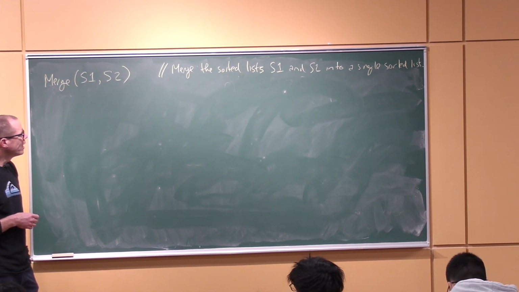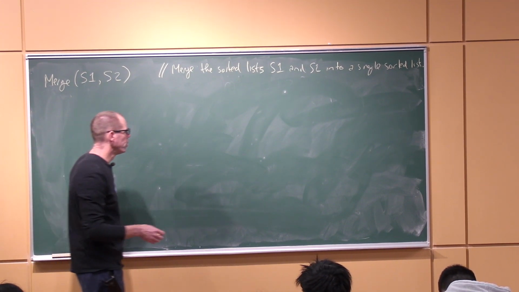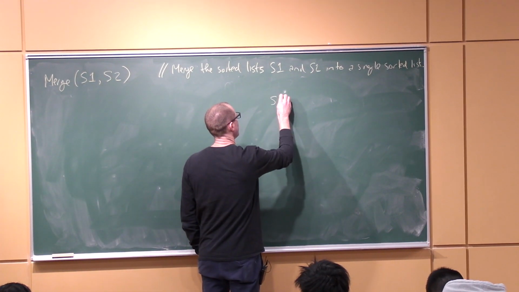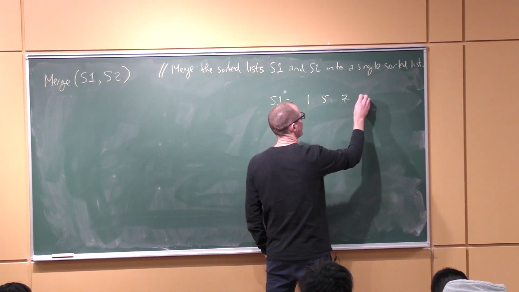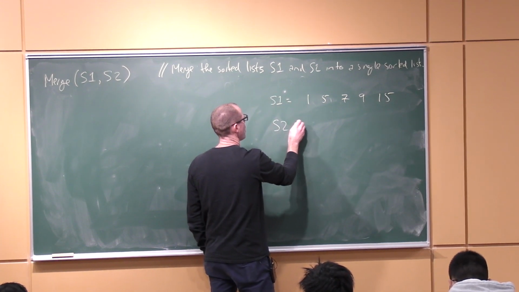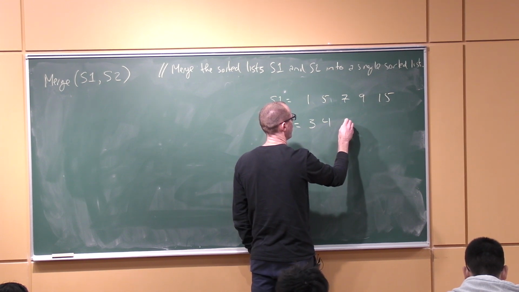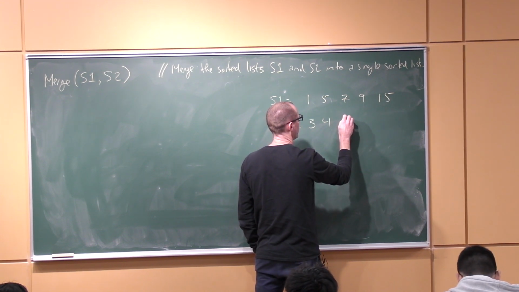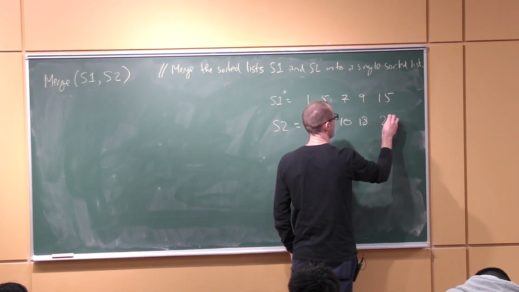but at each step of this loop, so for example, you might have something like S1 is 1, 5, 7, 9, and 15. S2 is 3, 4, 10, 18, 22.